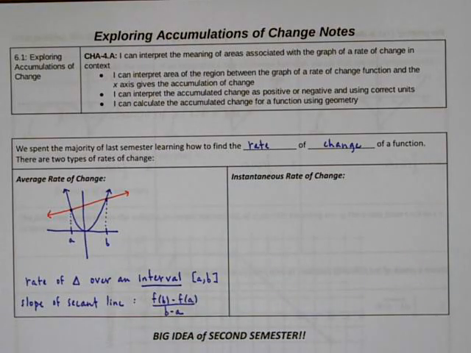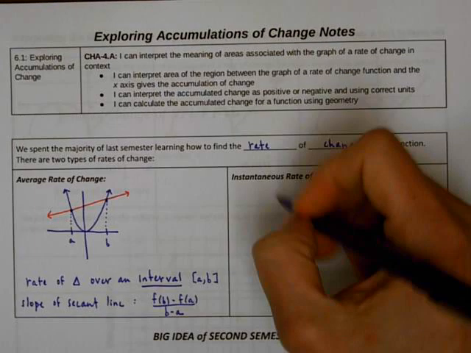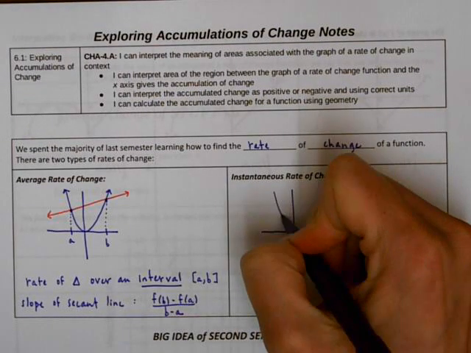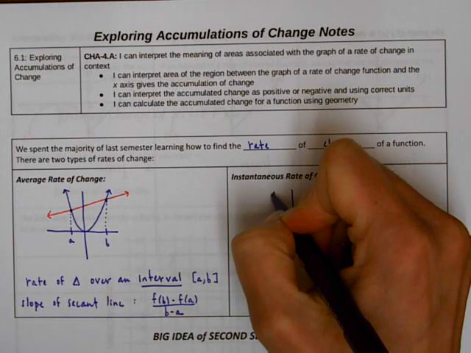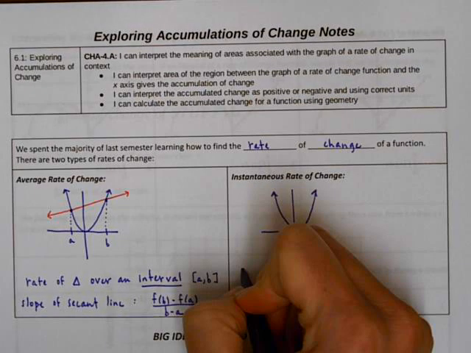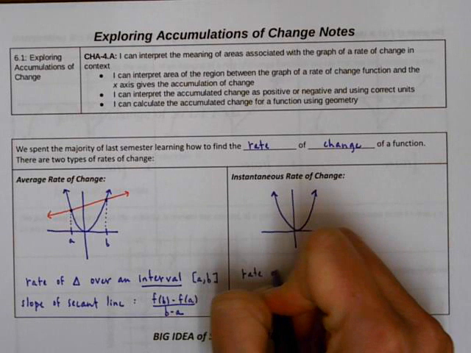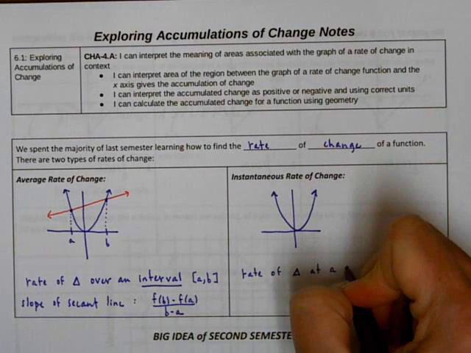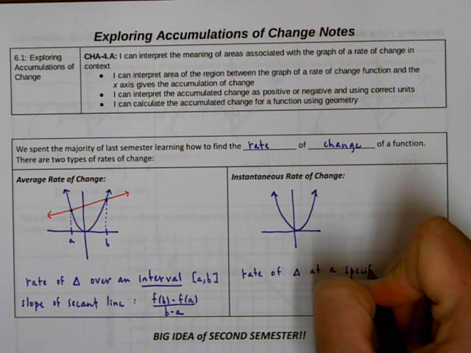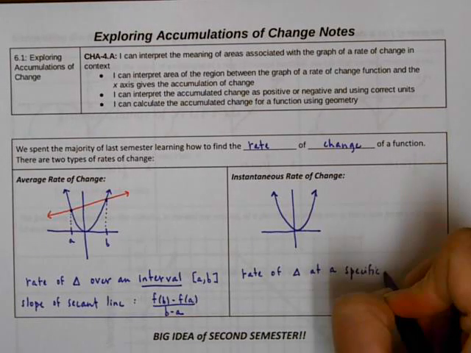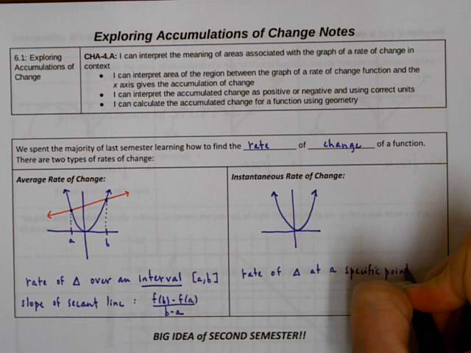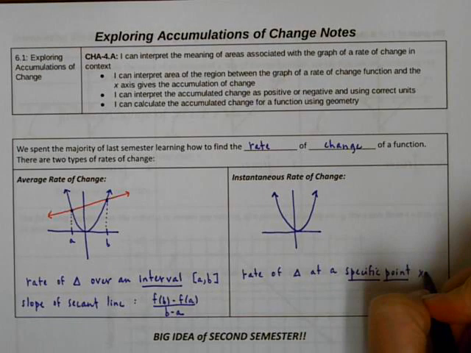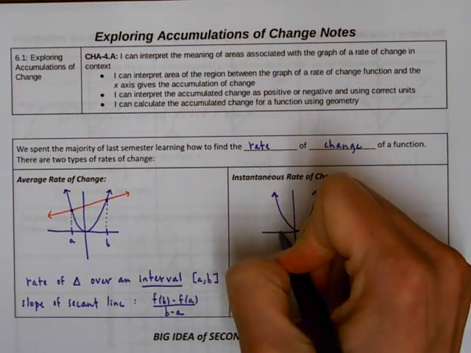Now, when we moved on to instantaneous rate of change, I'm going to draw my same graph here. What we're talking about is the rate of change at a specific point. A point. So no longer an interval, it's a specific point, x equals a.